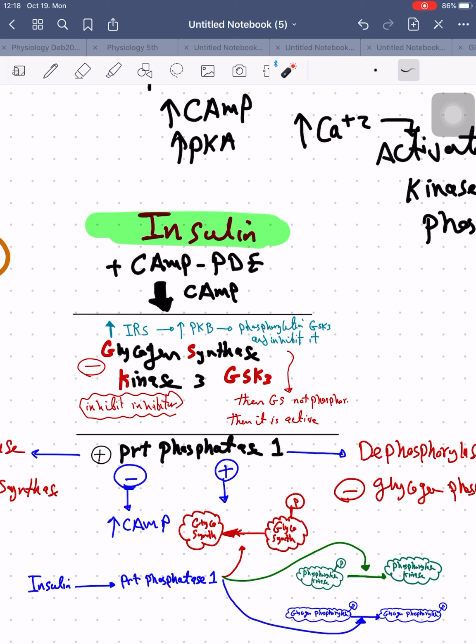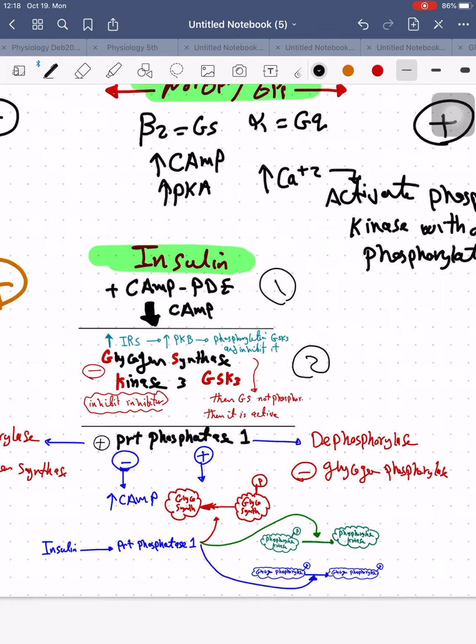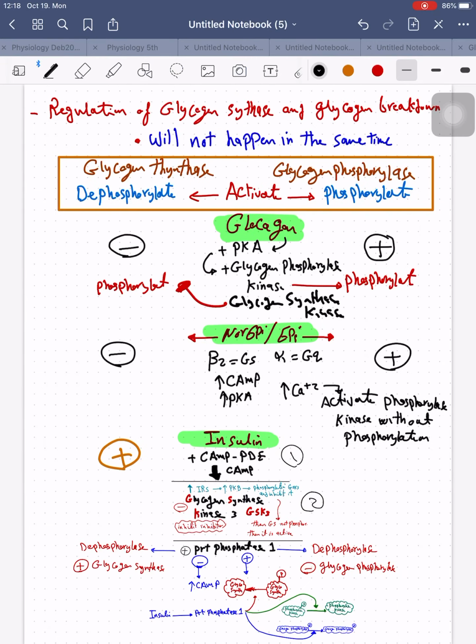Second level, we can say here is number 1, number 2. Insulin will inhibit an enzyme called glycogen synthase kinase, by two mechanisms.